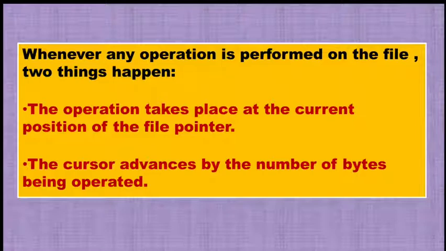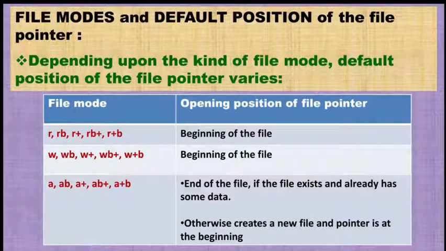So cursor will move forward by the number of bytes being operated. तो जितने बाइट्स का काम आपने किया है उतने बाइट्स के हिसाब से आपका कर्सर आगे या पीछे मूव करता है. ठीक है. So whenever you perform any operation, these two things happen.